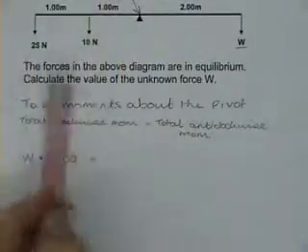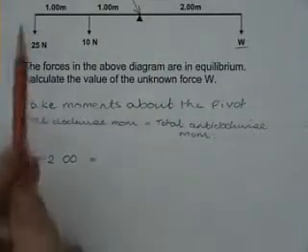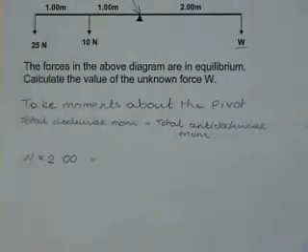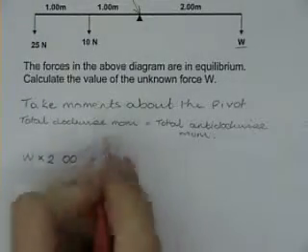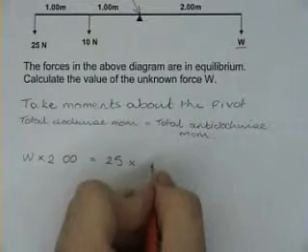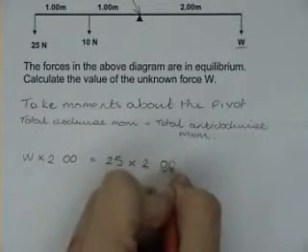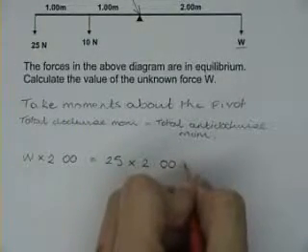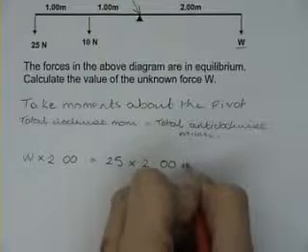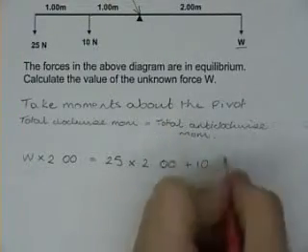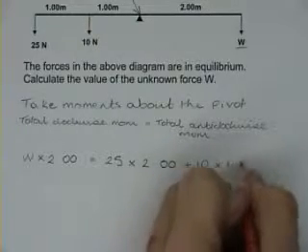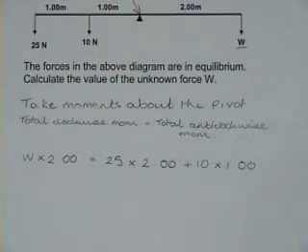Yep. Now we can see there's a lot more in the anti-clockwise moment than there is in the clockwise. So we'll begin with the 25 newtons. That would be 25 times 2 metres from the pivot. And then there's another one to add on. Yep, we'd also have to add the 10 newtons, and the distance from that, which is 1 metre. And then we should have enough to work out the equation.